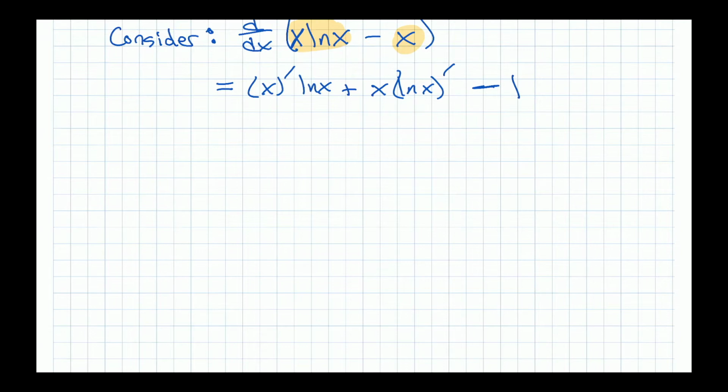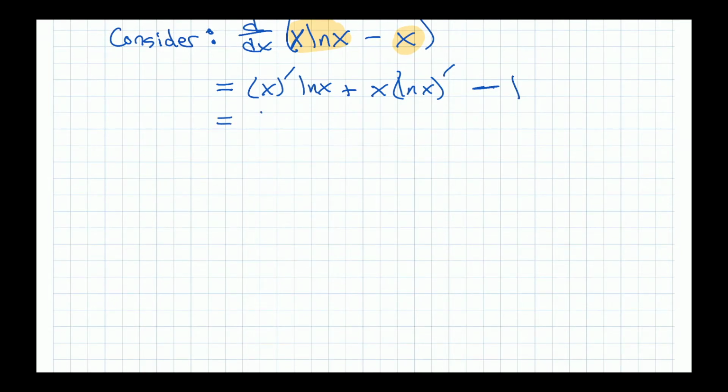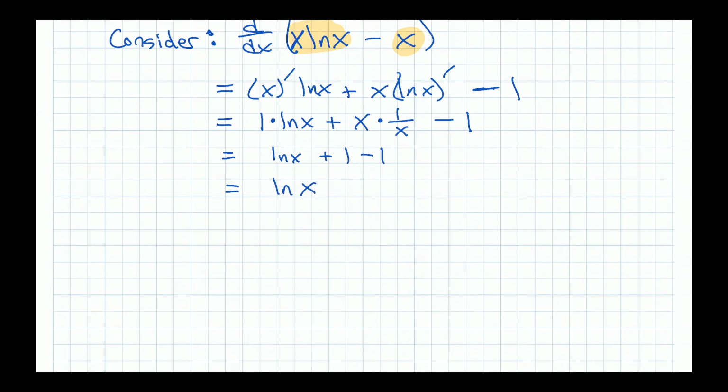Okay, so there's my derivative. Now the derivative of x is 1, so you have 1 ln x plus x times the derivative of ln x, which is 1 over x, minus 1. So we have ln x plus 1 minus 1, which is just ln x. All right, so what we discovered was the derivative of x ln x minus x is ln x.